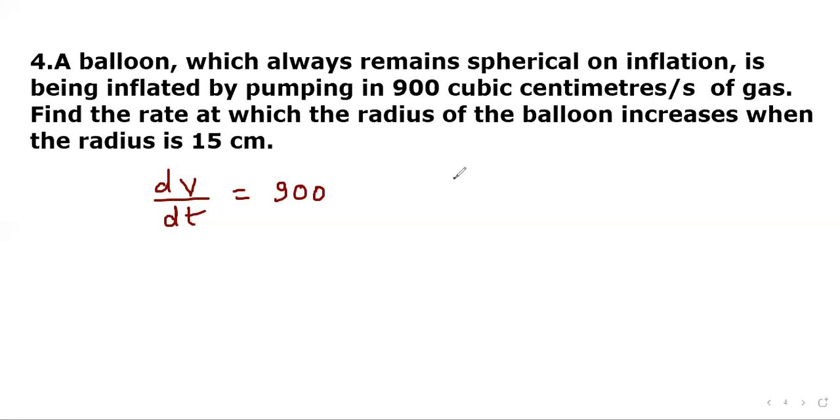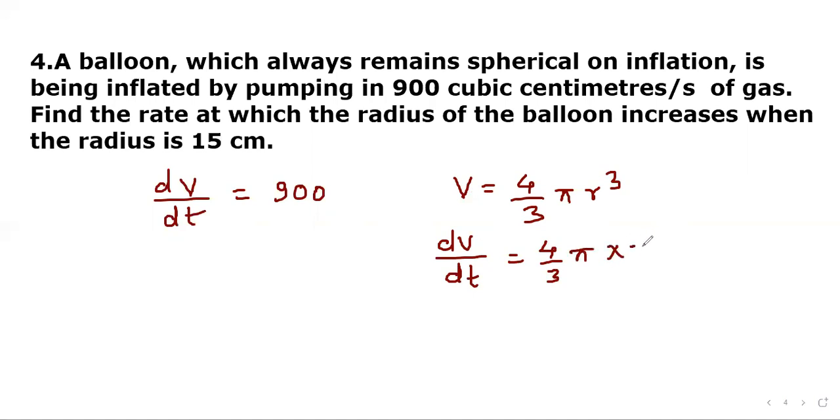Now, the formula for volume of a sphere is 4 by 3 pi r cube. Now we differentiate it with respect to t. So dV upon dt equal to 4 by 3 pi into 3r square times dr by dt. We have to find out the rate at which the radius increases, so we have to find dr by dt.